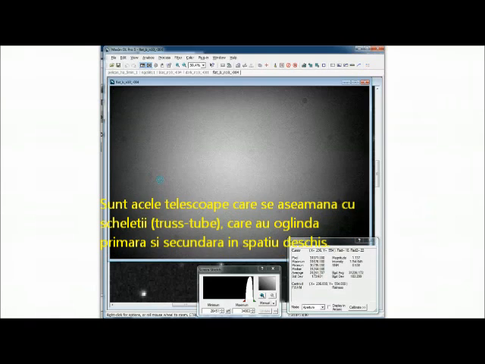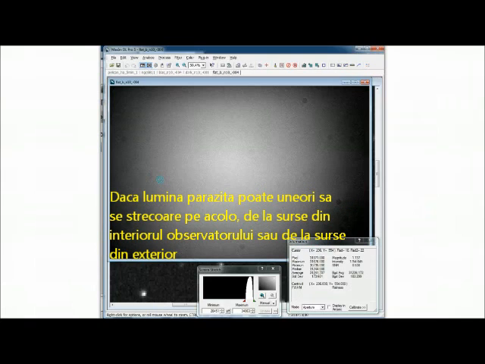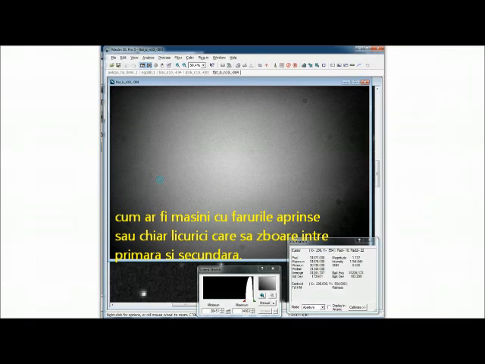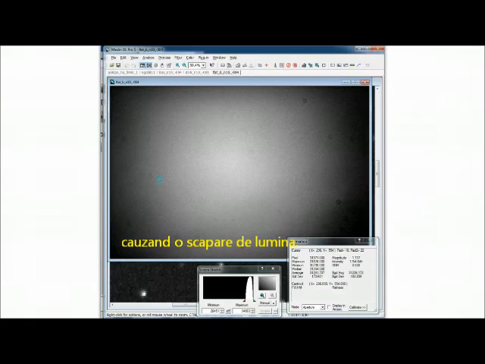That is, they look like skeletons holding the primary in the open air and the secondary mirror in the open air as well. So light can sometimes leak in there from other sources within the observatory, or from nearby sources like cars driving by with their headlights on, or even a firefly can go in between your primary and secondary mirror and cause a light leak into your path.